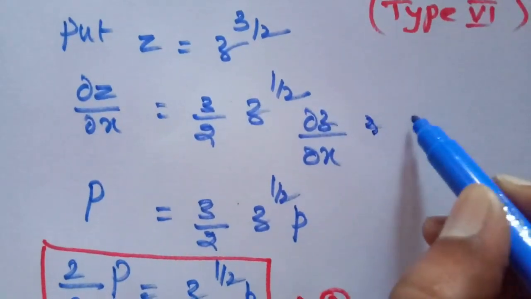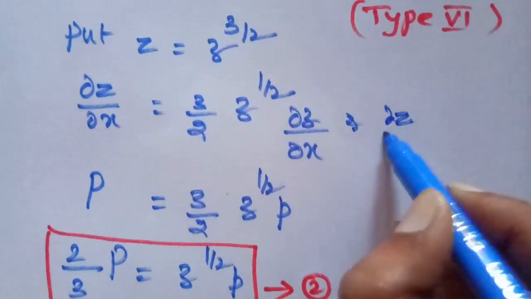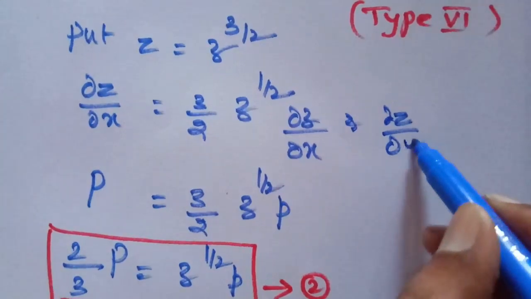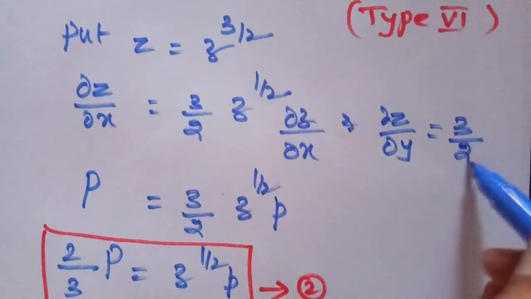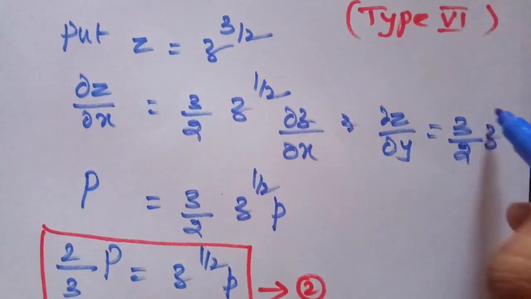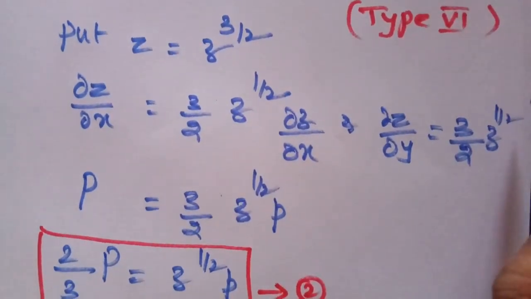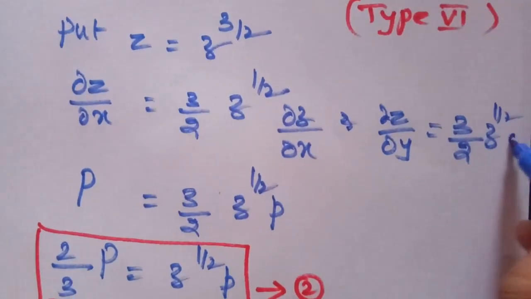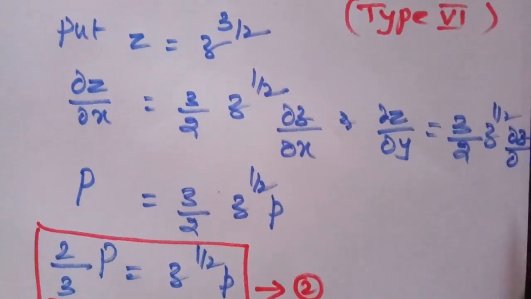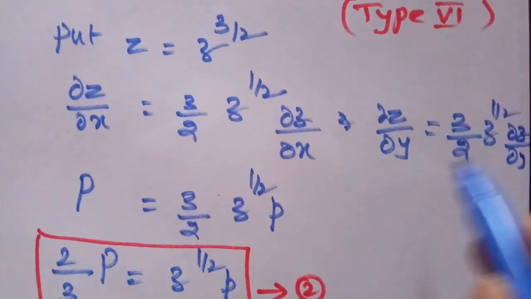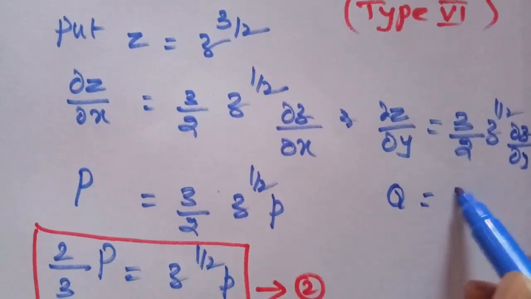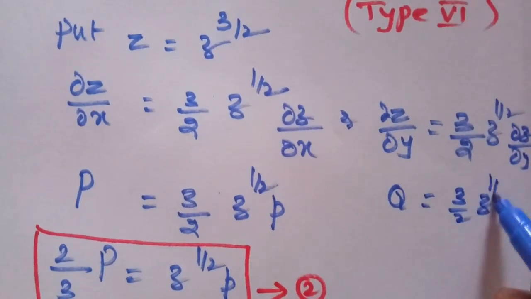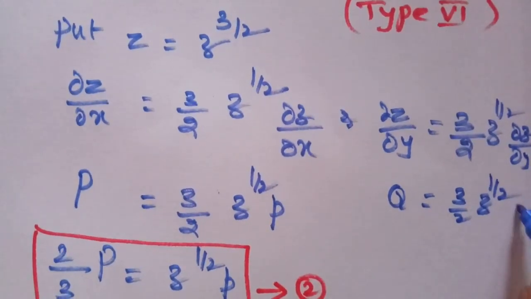Now again partially differentiating capital Z with respect to y, using the formula for x power n, we get 3 by 2 into z power 3 by 2 minus 1, that is 1 by 2, into dou z by dou y. Therefore this can be written as capital Q is equal to 3 by 2 into z power 1 by 2 into small q.